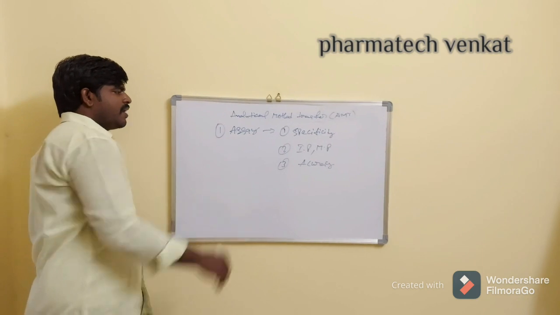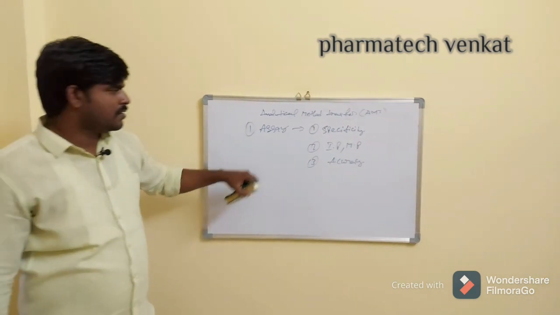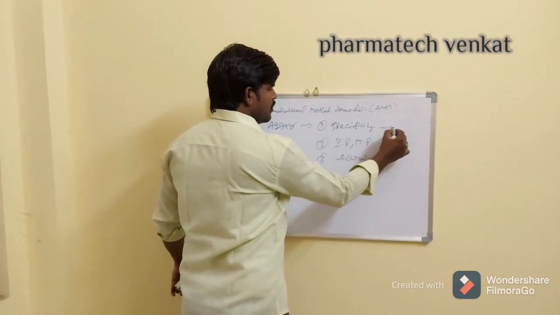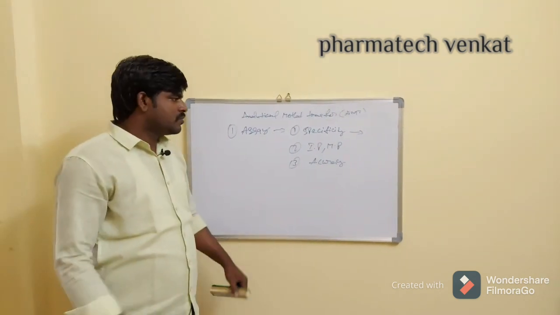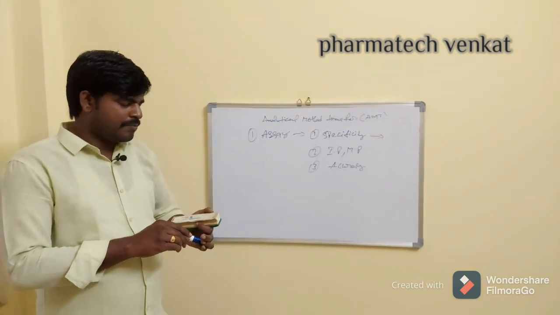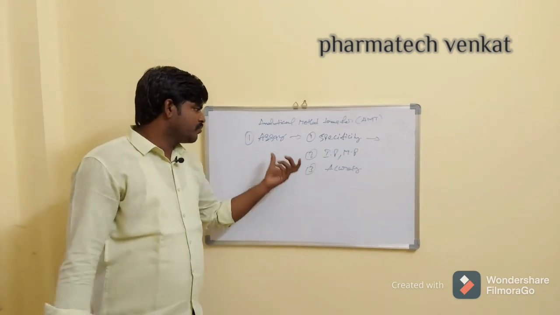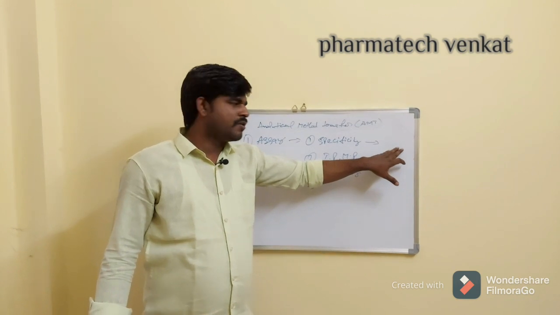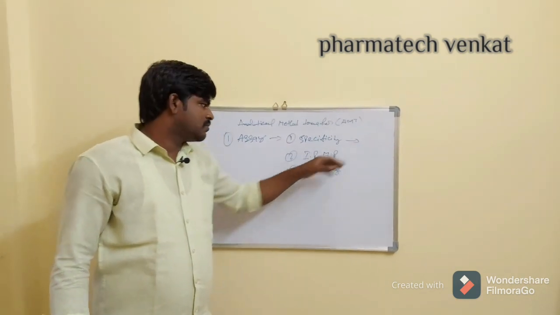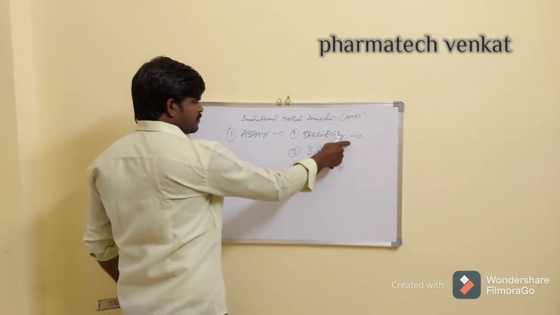These are the basic requirements to perform any method transfer. Specificity means that due to mobile phase, diluent, placebo, or any other reagents used in this particular method, there should be no interference observed with the analyte peak. That is the requirement of specificity.